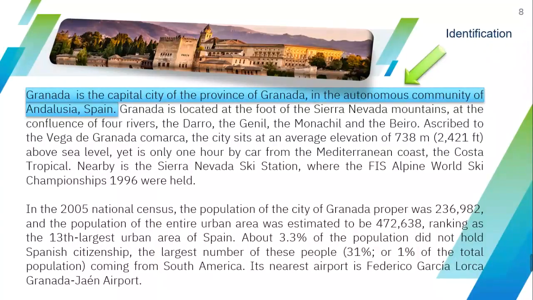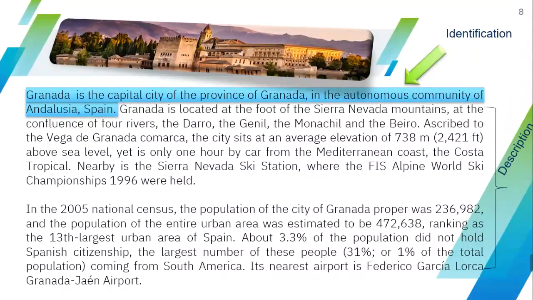So it contains general information that Granada is a capital city, which is located in the country of Spain. And then the next sentences will contain the description itself. So the structure is not really complicated, as it contains only two elements, identification and description.